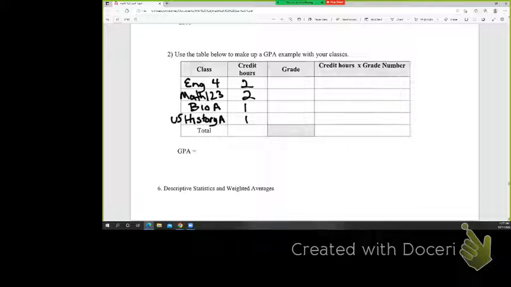And let's say you get A's in these 2 classes and B's in these 2 classes. So sometimes people would say, well, I got half A's and B's, so I've got a 3.5.